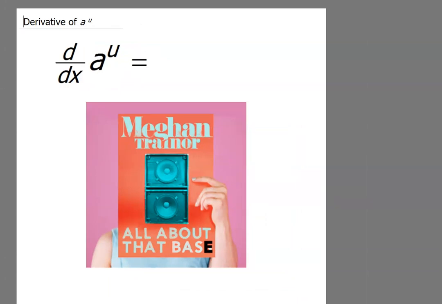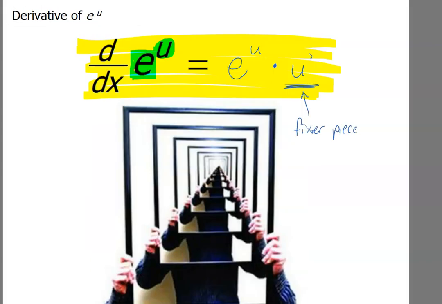If our base is a different number, so for example, if I want the derivative of 5 to the x, or pi to the x, or pi to the x squared, anything like that, so here, to make this an exponential function, I need the base to be constant, and then that exponent can be whatever it wants to be. So we're still going to follow kind of the same trick as we did for e to the u.